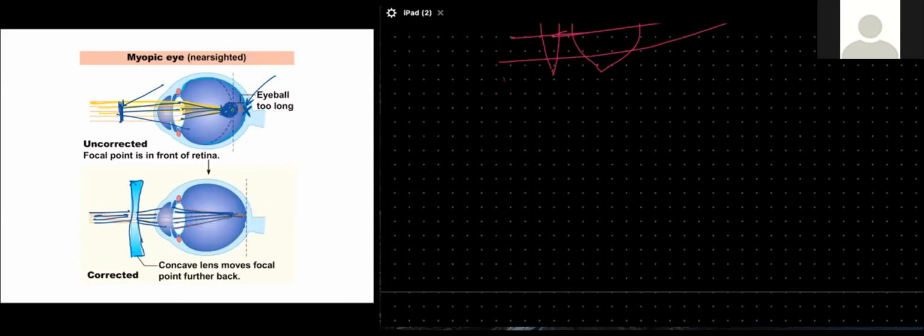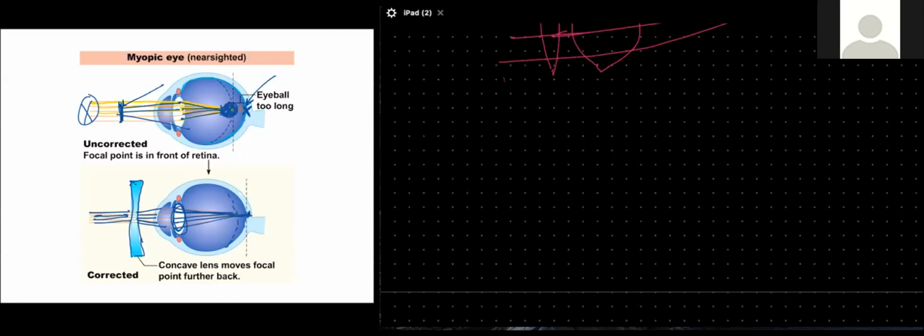Do you have an actual problem with the lens of the eye? You don't. What you do have is a longer eyeball. So the eyeball itself is longer than it should be, and the light gets converged before it reaches the retina. So the picture of a far object is not going to be clear because the light is not focused on the retina. All right.